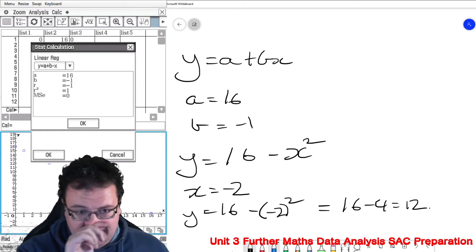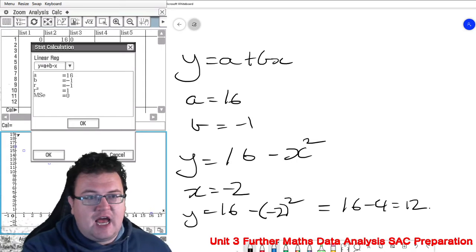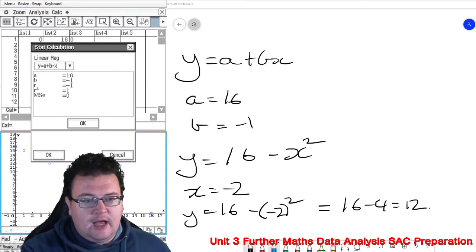What page is the table on, sir? The table should be part of... I believe it is part of... Here we go.